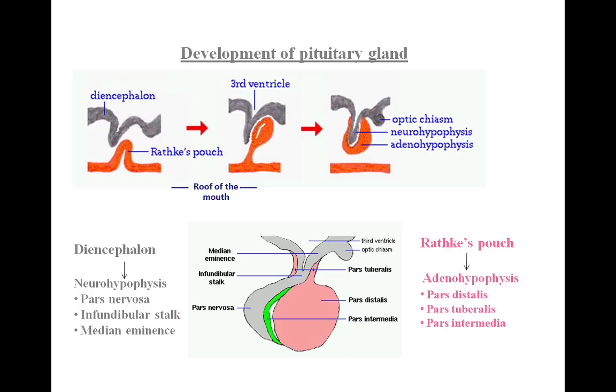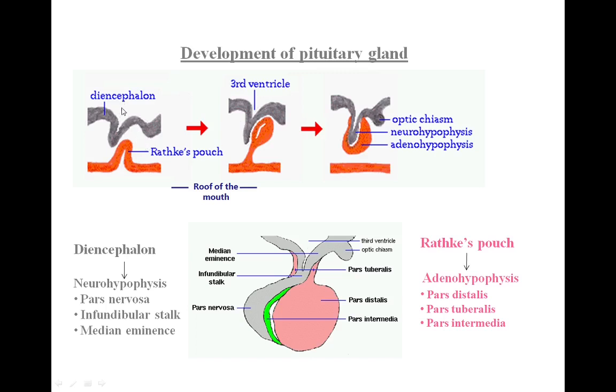And another structure formed from the ectoderm is the pituitary gland. The pituitary gland, which is present inside our cranial cavity, has two parts, the posterior pituitary and the anterior pituitary.